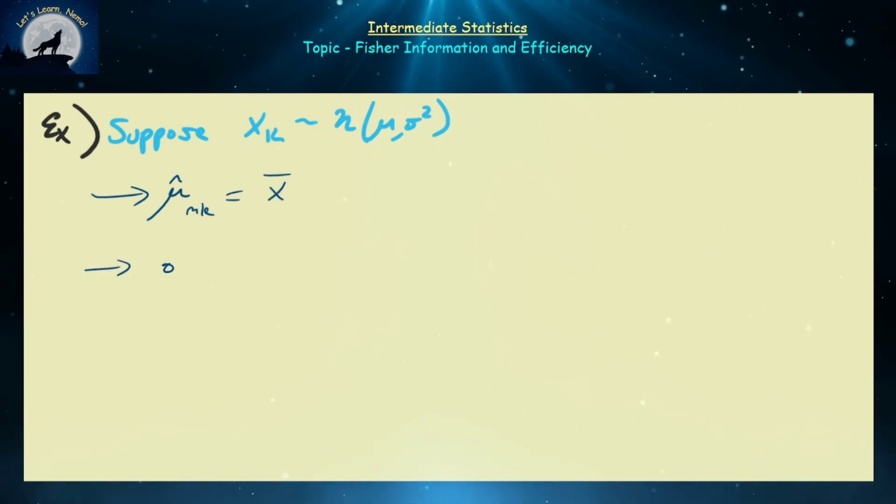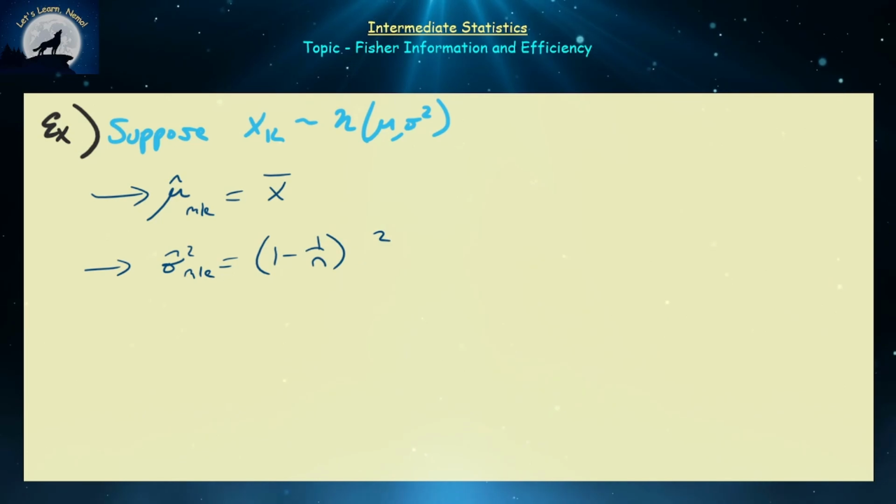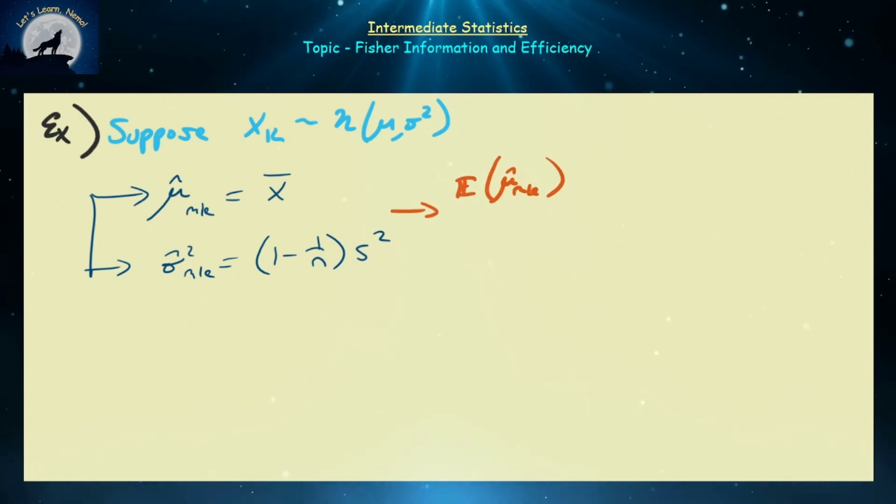And you might also remember that sigma hat squared MLE was equal to (1 minus 1 over n) times S squared. Agree? So we have these two estimators. Moreover, we found that the expected value for mu hat MLE was equal to mu, meaning it's unbiased.